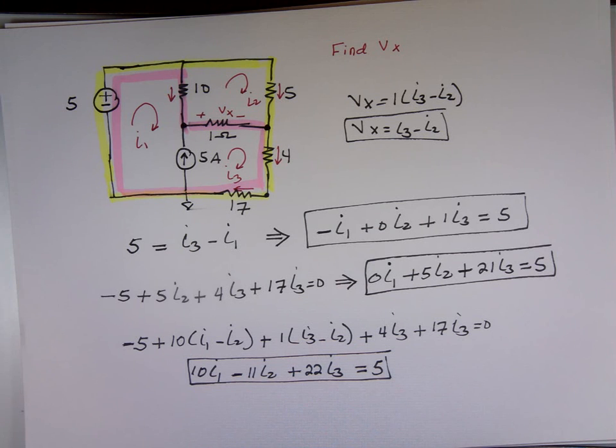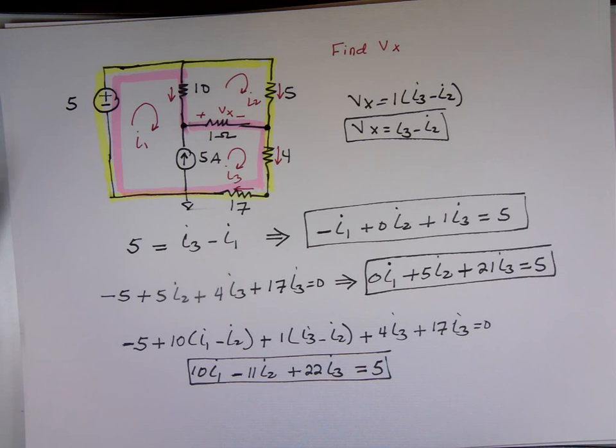There we go. So I have -1, 0, 1, 5, 0, 5, 21, 5, 10, -11, 22, 5.